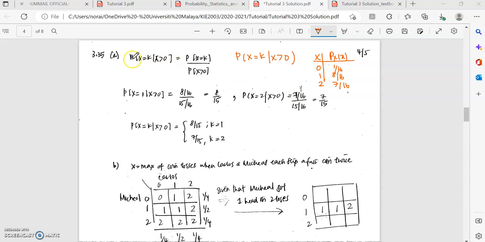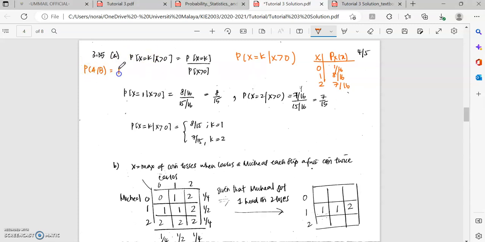So if we write the conditional probability, the probability of X taking some value given that X is bigger than 0. We know that the probability of A given B is the probability of A intersect B divided by the probability of B, right?